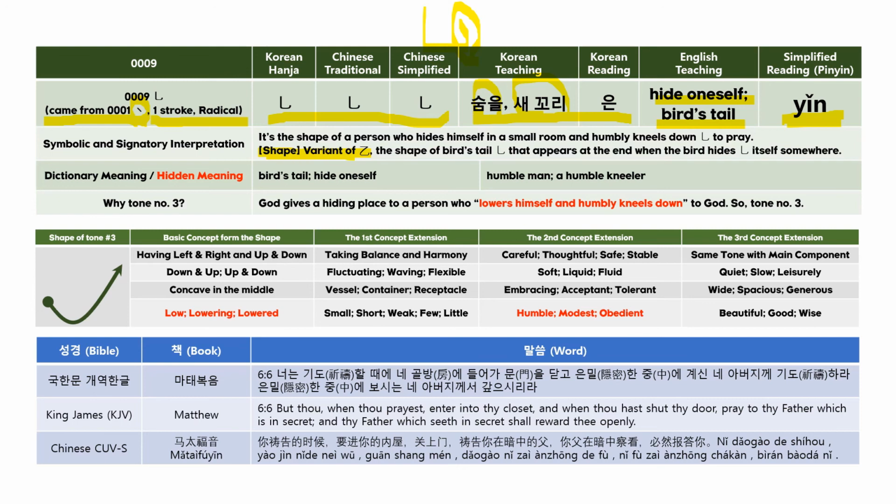Variant of E. The shape of bird's tail that appears at the end when the bird hides himself or herself somewhere. But a bird, I remember in my childhood when I was in a mountain, I saw a bird. He was trying to hide himself, but he thought he was hiding, but it was not.